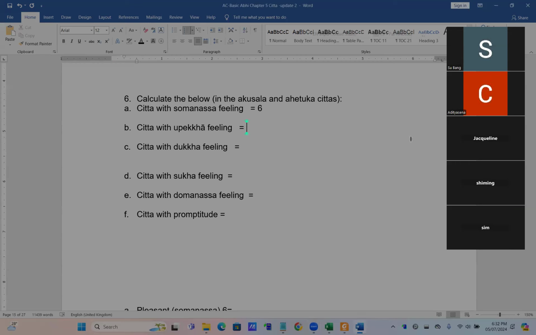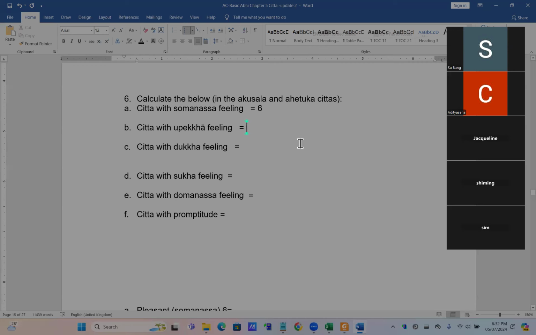Upekkha is neutral feeling. In the Lobha got 4. I think the Moha got 1. Are you sure? Moha got 2. Okay, Moha got 2.